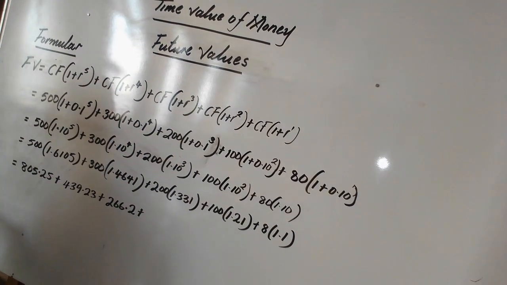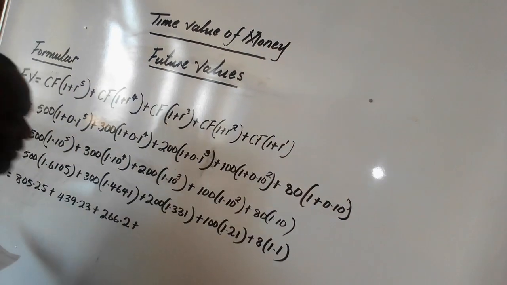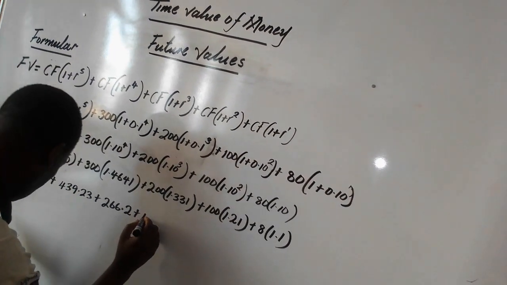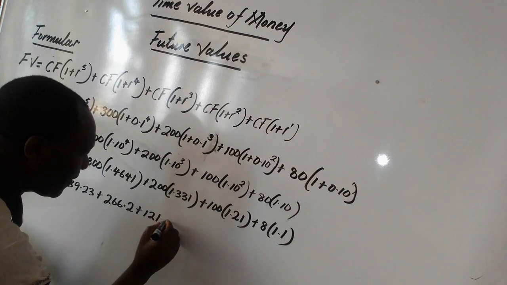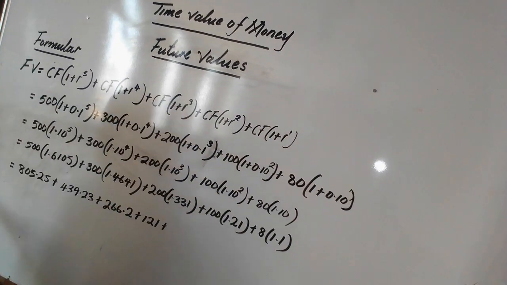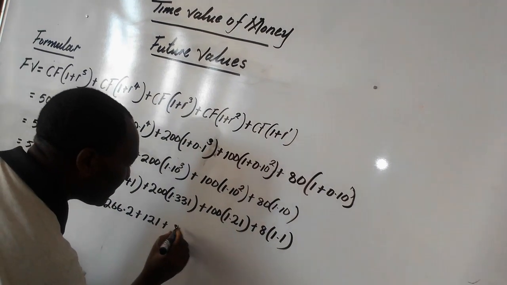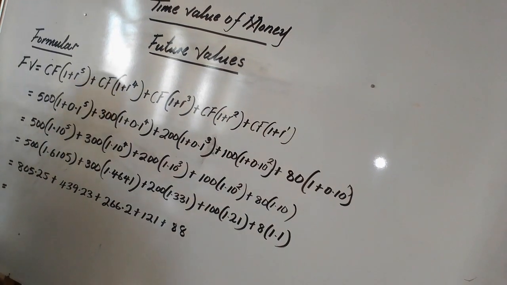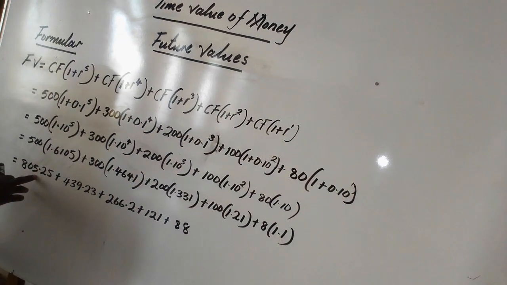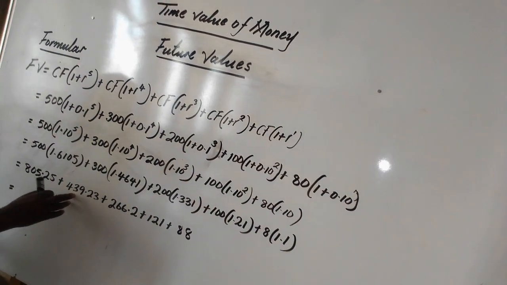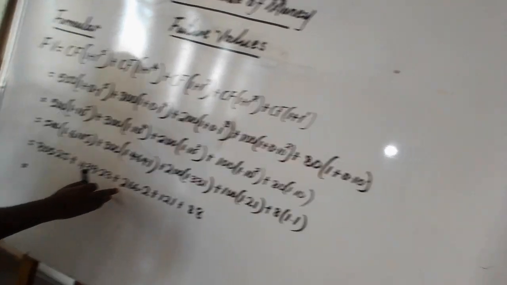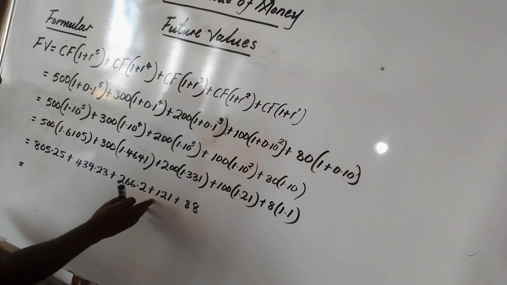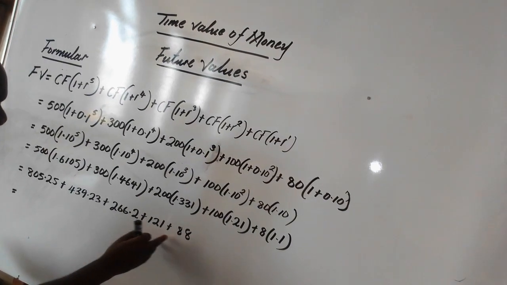Plus 100 times 1.21, it will give you 121. Plus 88. So you now add nicely: 805.25 plus 439.23 plus 266.2 plus 121 plus 88.